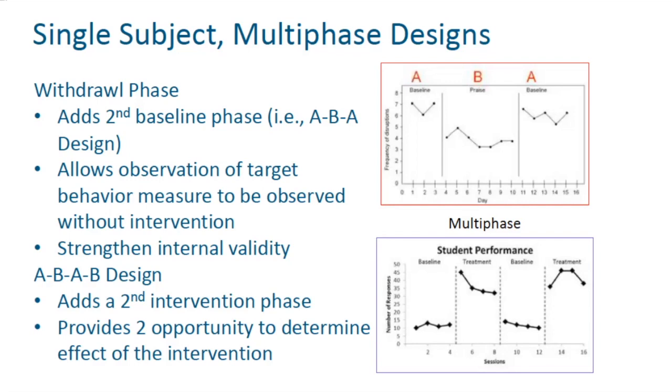You take the baseline, and count the number of times they're focused on the teacher instead of looking off into space. Give them the intervention with the wrist device, see how many times they're paying attention. Then you take away the wrist device, see how many times they're paying attention, and then add it back. You can see how having that second treatment phase really does strengthen the validity of your findings. Okay, it gives a second opportunity to determine if in fact that intervention was effective.